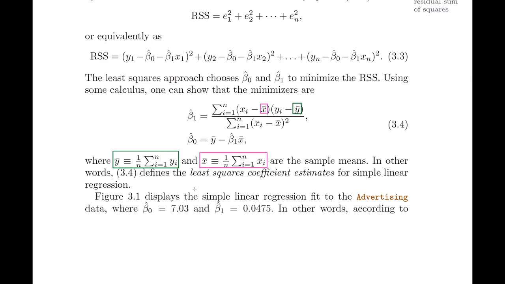You use them so that for each observation i, you calculate the distance between x_i and the mean of x times the distance between y_i and the mean of y. You sum and you divide by this entire thing.